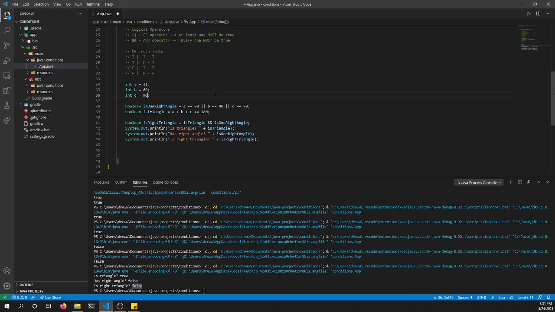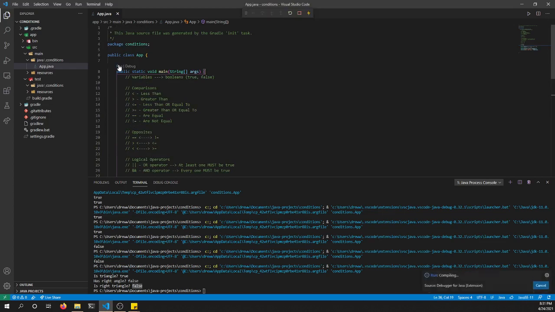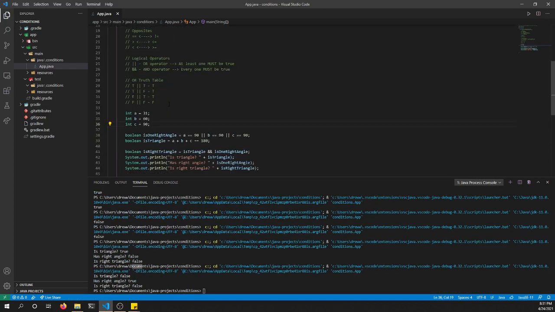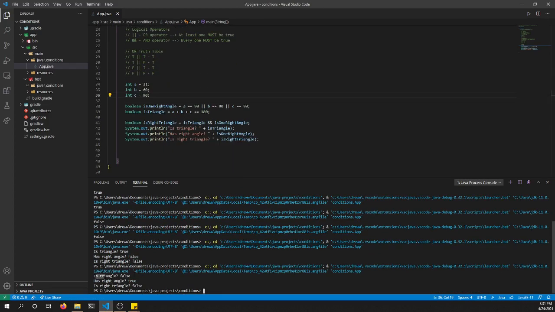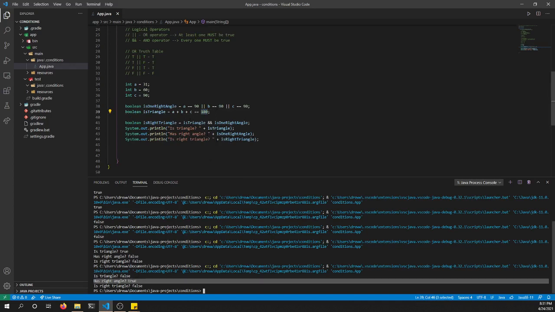So if I were to change this 89 to a 90, and if we were to run the code again, it's not a triangle because 31 plus 60 plus 90 is not 180. It's more than 180. Has right angle. Well, that's true because C is 90 degrees.